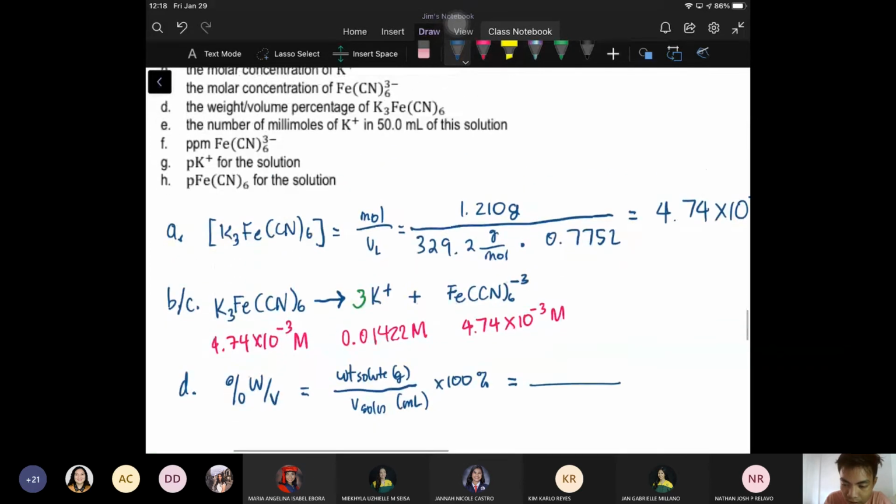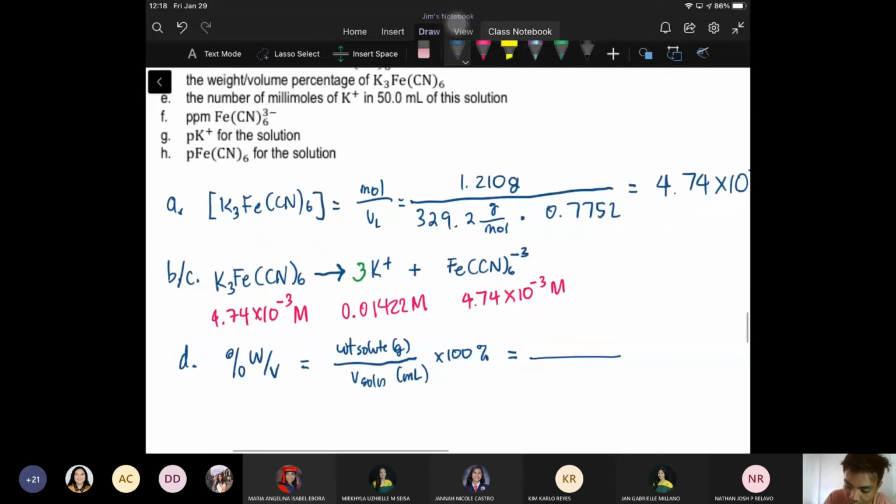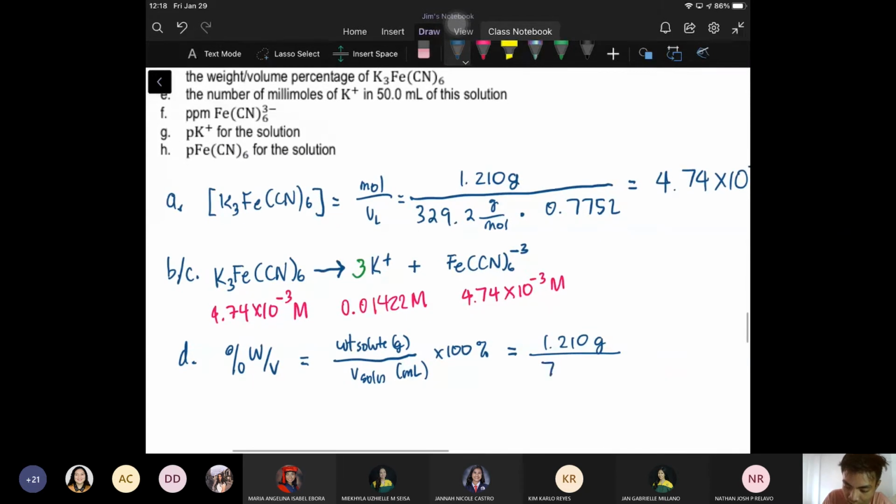So what's the weight of solute? That's ito, 1.210 grams. Volume of the solution in ml, that's 775 ml times 100%. So, ilan yung percent weight per volume niya?